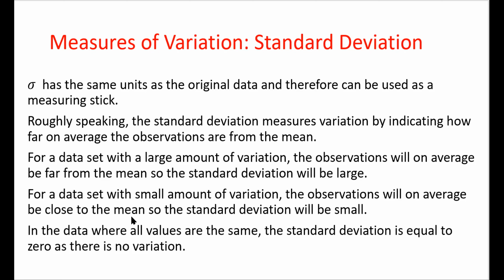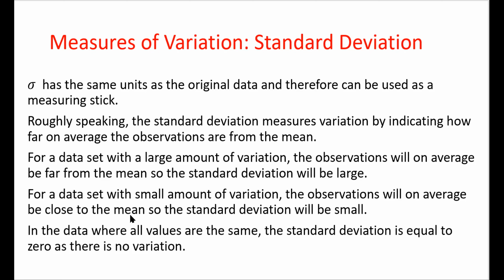So basically, your standard deviation also gives you an idea how big your range is going to be. So if the standard deviation is small, the range is small. Your data is not spread out. If your standard deviation is large, that means the range is large.